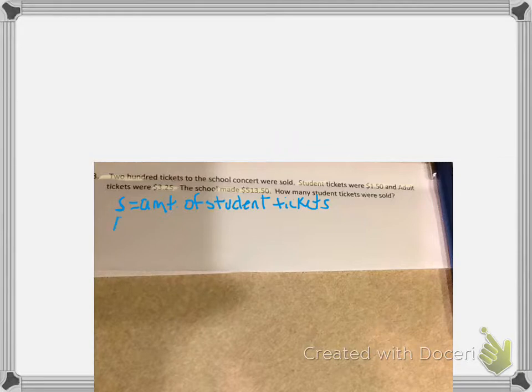And maybe I'll say A is going to be the amount of adult tickets. So I know altogether that there were 200 tickets sold. So I know that A plus S has to equal 200.